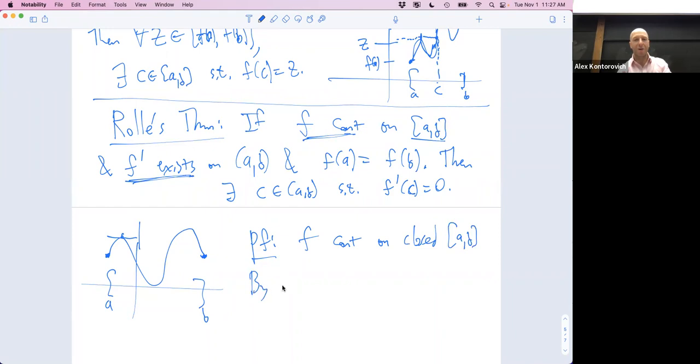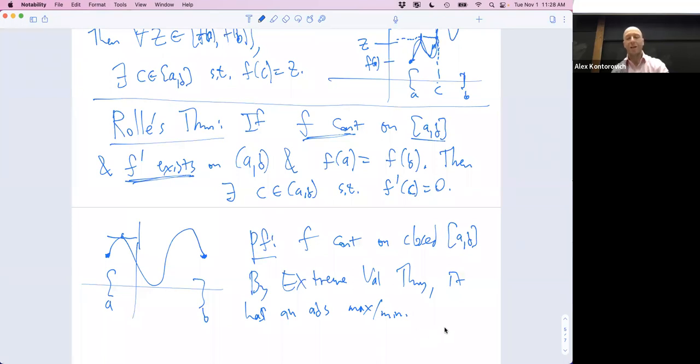By the extreme value theorem, it has an absolute maximum and an absolute minimum. It has an absolute max and an absolute min.